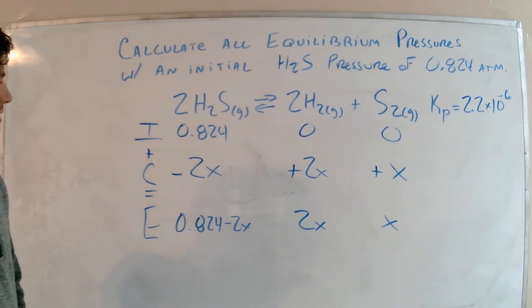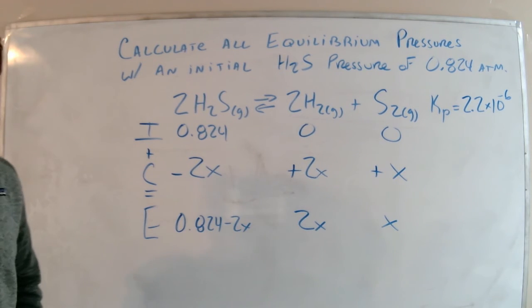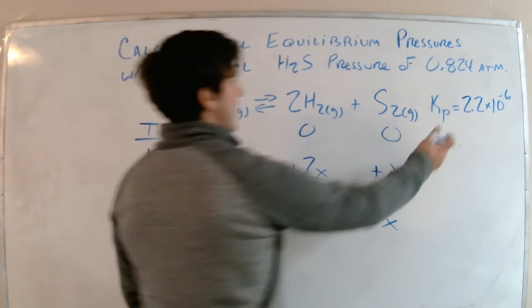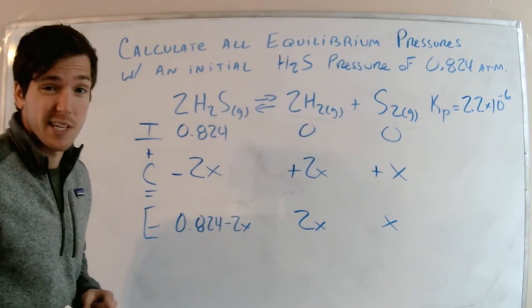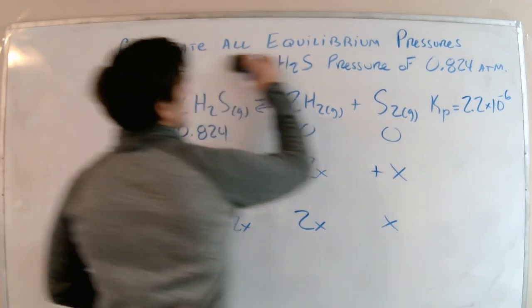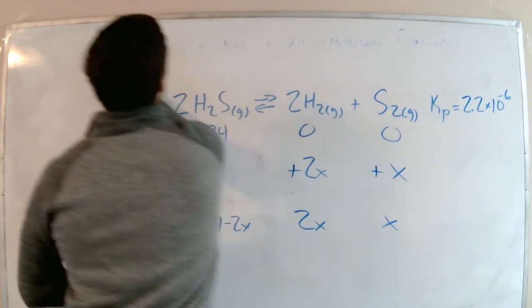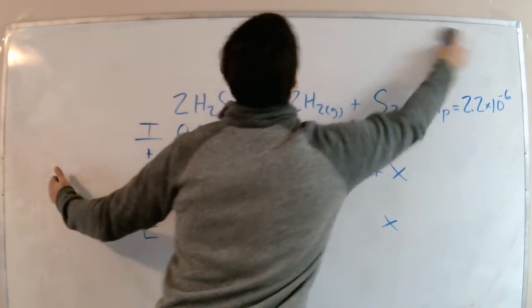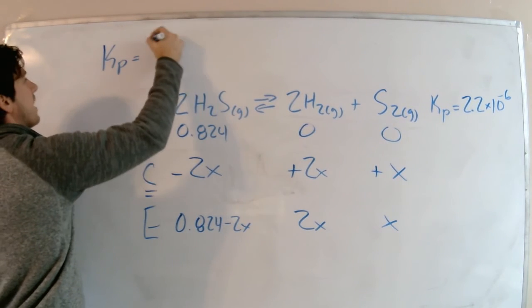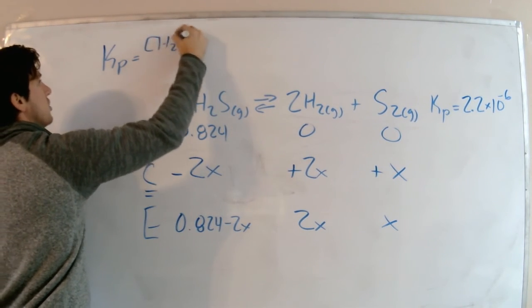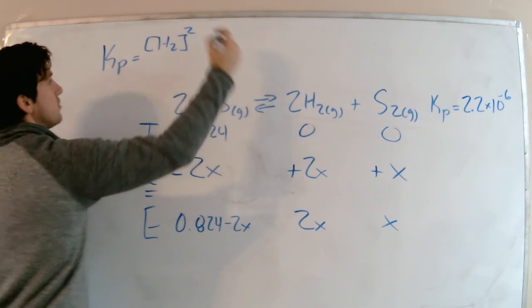Now I'm kind of stuck. They haven't given me anything, but luckily they gave me a Kp. So let's go ahead and just do an equilibrium expression and see where we can go from there. So I will go ahead and do Kp equals products over reactants. We got H2 gas squared because of the 2.